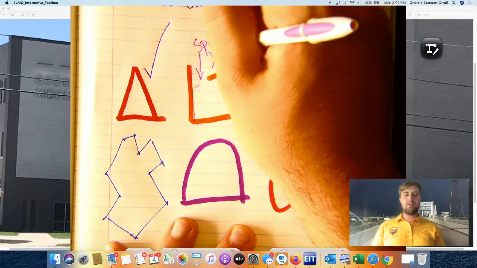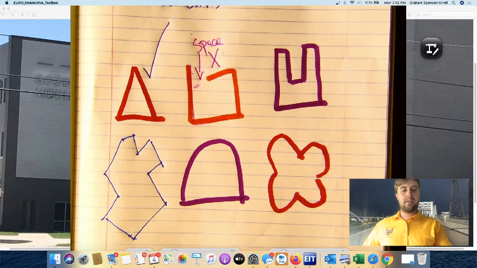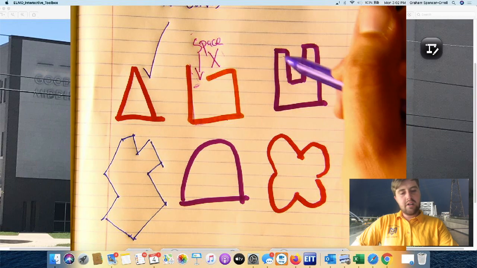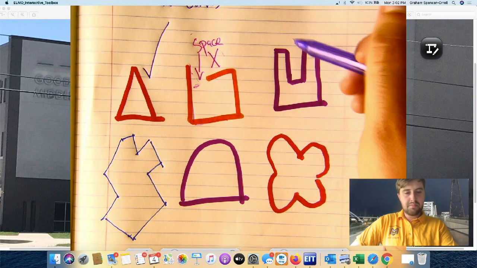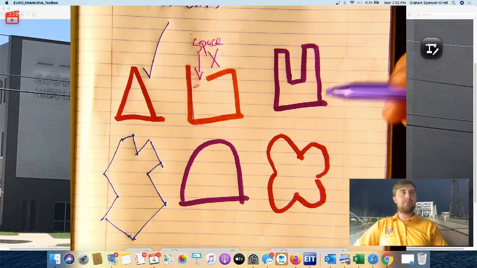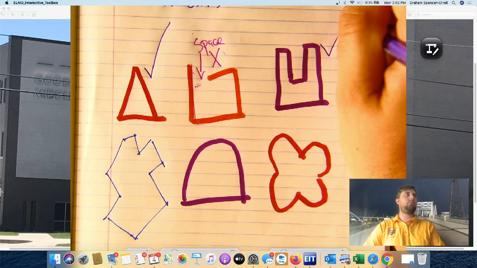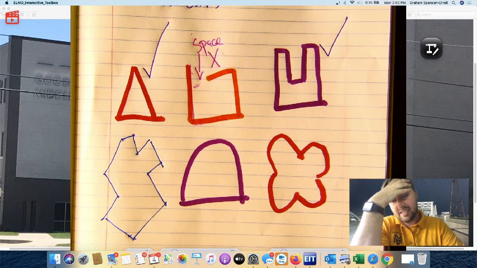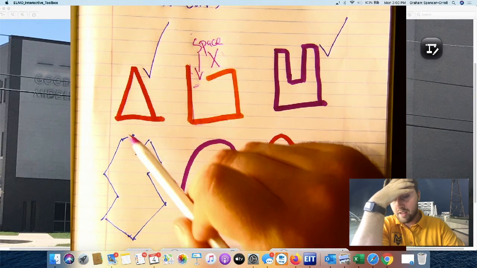All right, moving on to our third shape. Every side we see is straight. There are no gaps, and there's between 3 and an unlimited number of sides. So yep, that one is absolutely a polygon. Wow, this next one looks really tricky. There are 1, 2, 3, 4, 5, 6, 7, 8, 9, 10, 11, 12. Did I count that right?